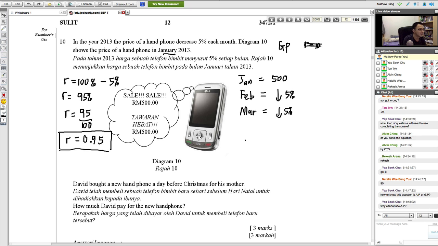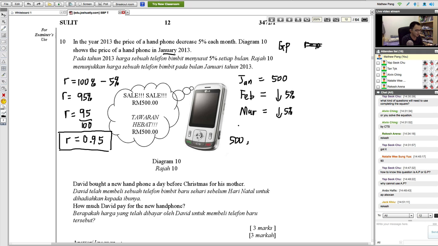Right, so now, how do you know this question is AP or GP? Why can't we use AP? Because it's something like this. Let's say this is 500. If I decrease 5%, I need to find my next value.